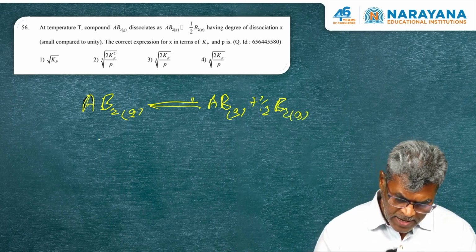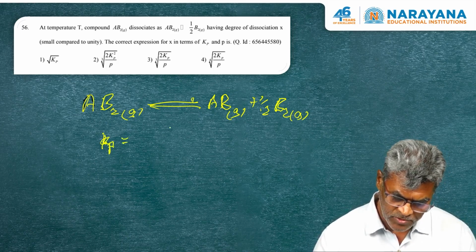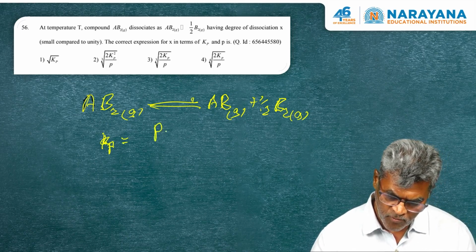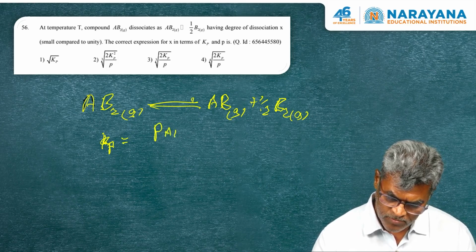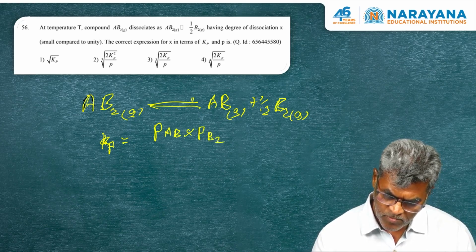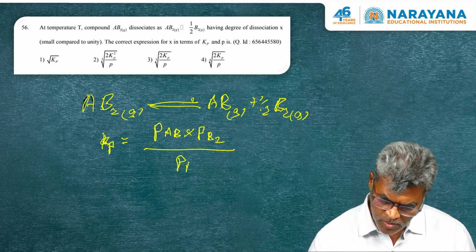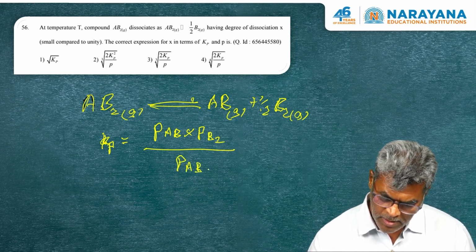Here if you write Kp, the dissociation constant at partial pressure, it is equal to the partial pressure of AB gas into the partial pressure of B2 gas, by the partial pressure of AB2 gas at equilibrium.